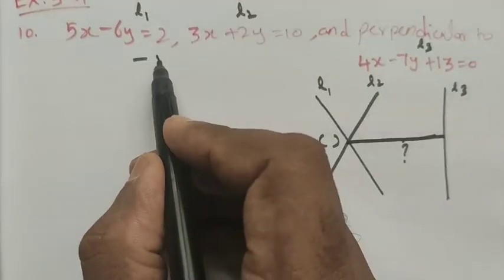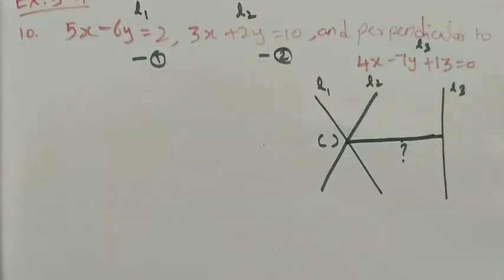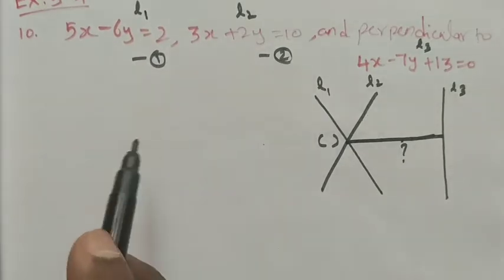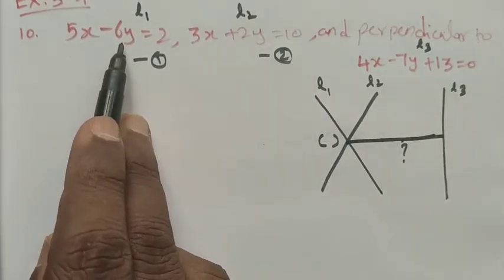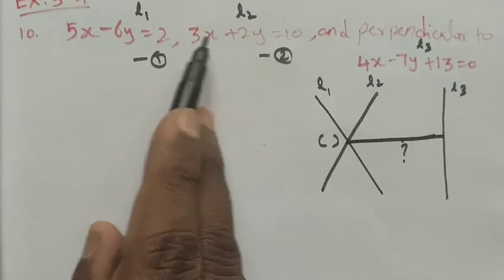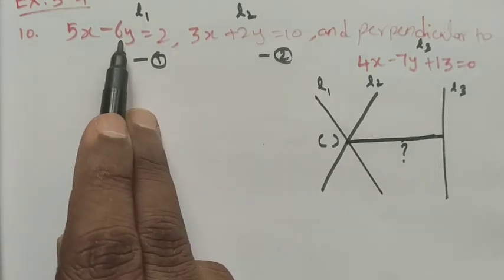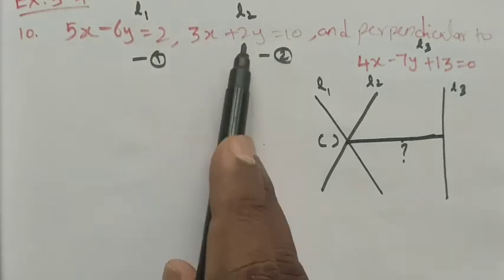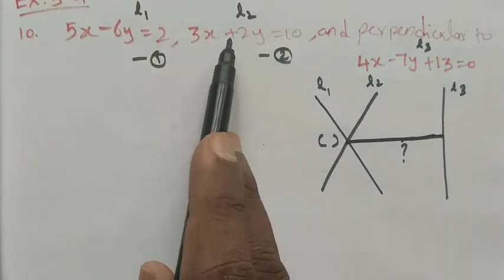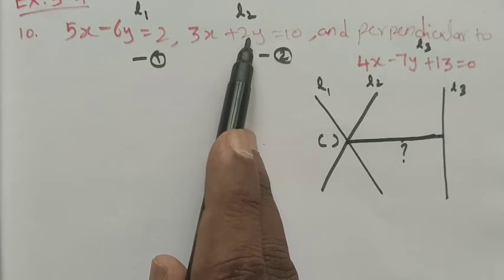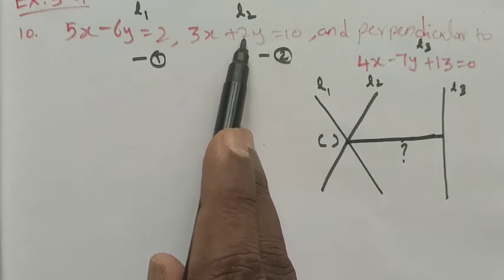Here, this is the first equation, this is the second equation. By using the first and second equations, I am going to cancel the coefficient of y. In the first equation we have y as minus 6, in the second equation we have 2. So the second equation multiplied by 3 gives 6.